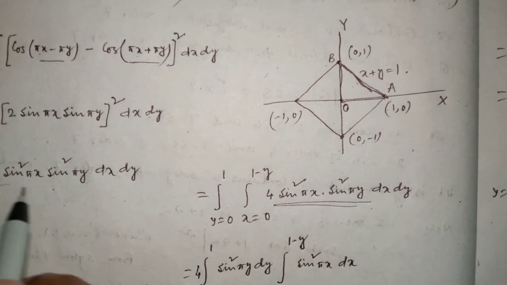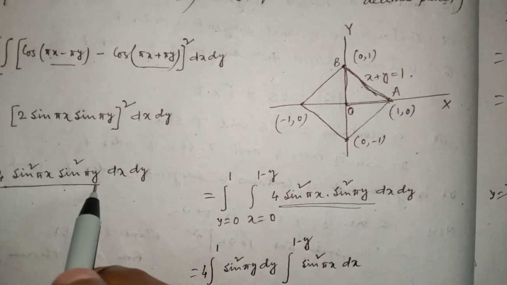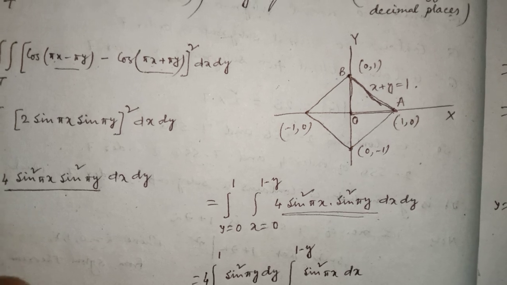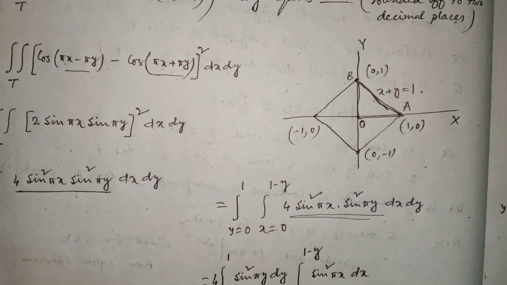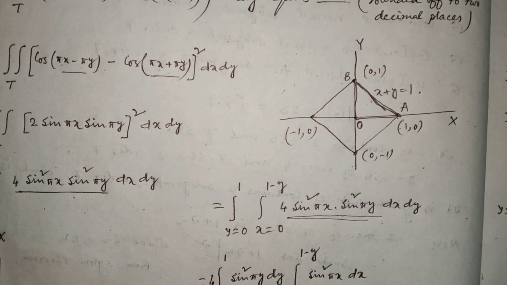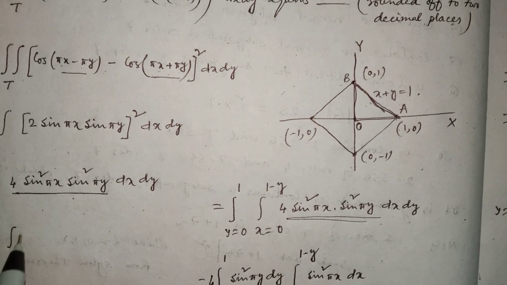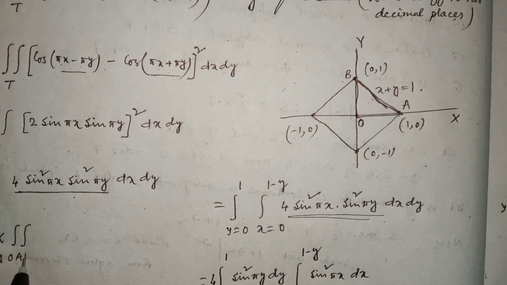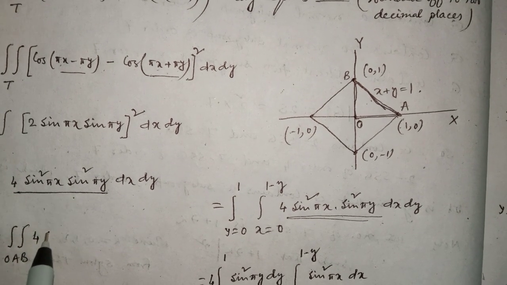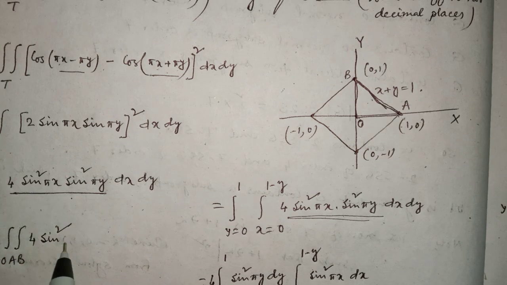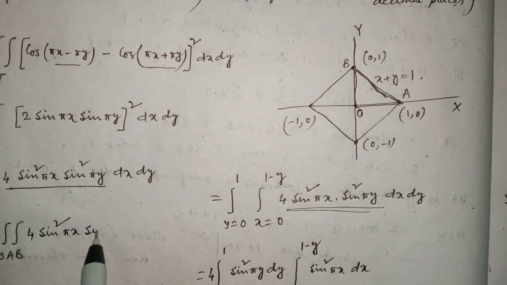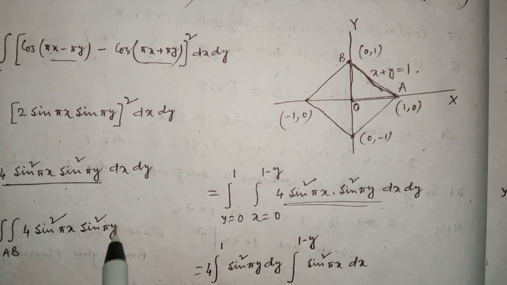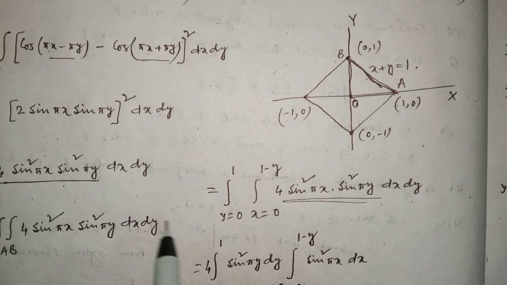Then the integration of this function over the whole region T is equal to 4 into the integration over the triangle OAB of sin square πx into sin square πy dx dy.